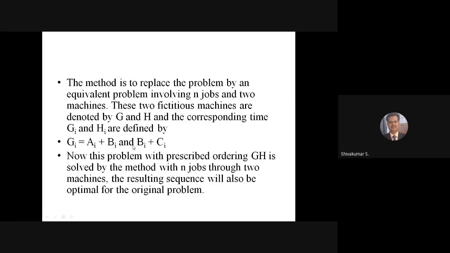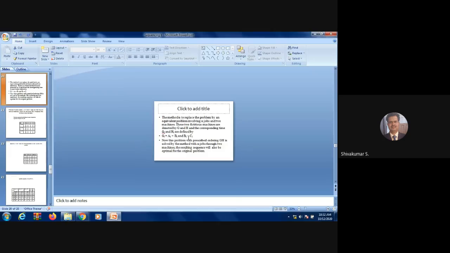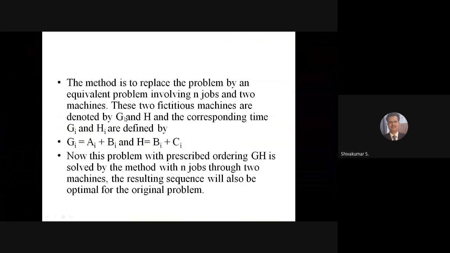H is equal to B plus C. So we are going to get two machines now, G and H. G is equal to A plus B, H is equal to B plus C, because the order is given as A, B, C only. If it is CAB, then G is C plus A and H is A plus B.